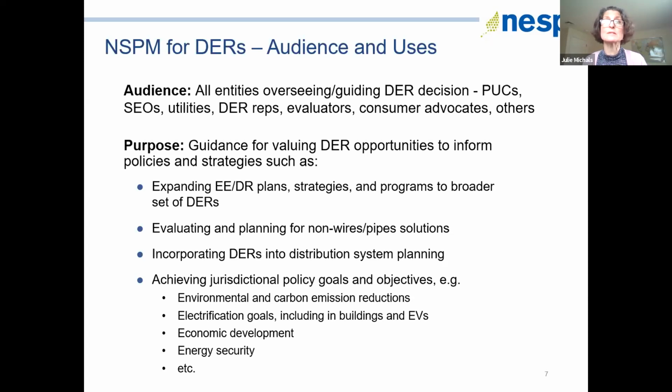It can be expanding existing plans and strategies to incorporate a broader set of DERs, to look at non-wire solutions in the context of procurements and identifying value streams in that context, incorporating DERs into distribution system planning, and overall looking to see how these investments can help meet specific jurisdictional policy goals and objectives. And a few of them are identified here.